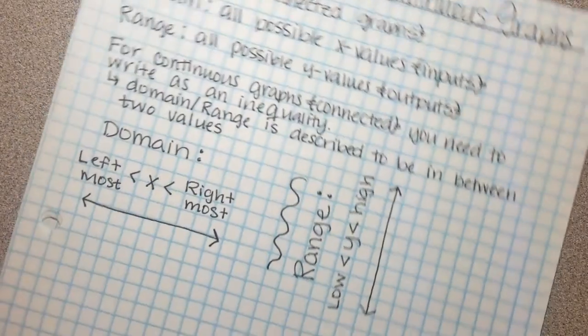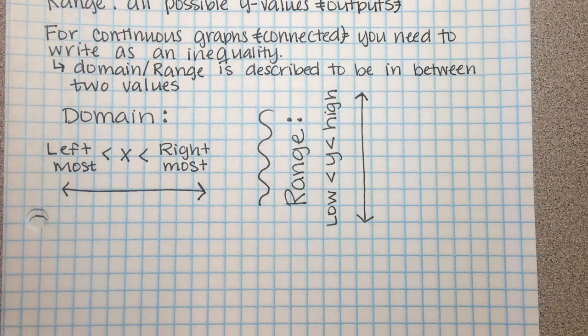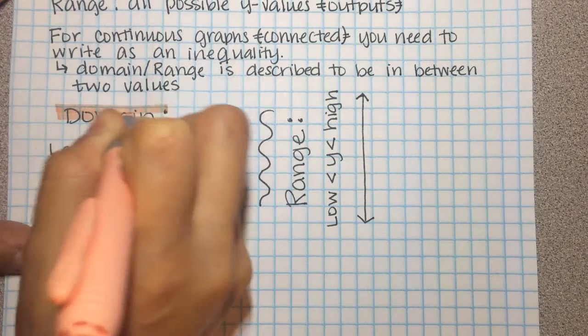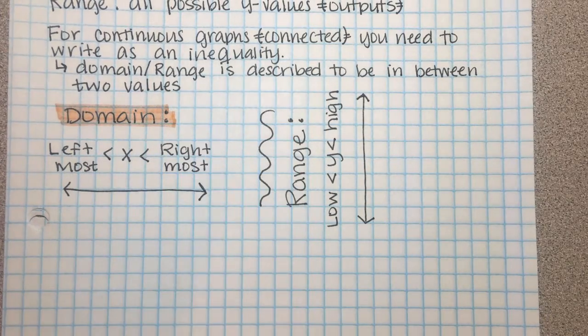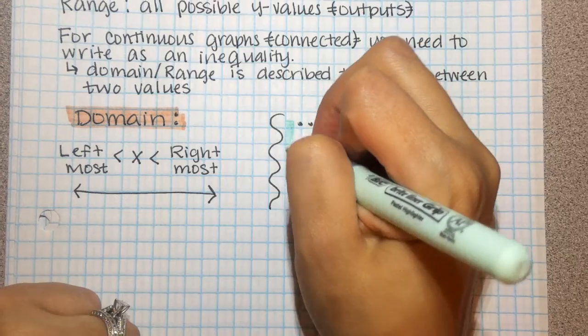Okay. So now those two colors that I asked you to pick, one to represent domain and one to represent range for the rest of these notes, and then highlight that word so you remember. So for me, this orangey color is going to be my domain. And this blue looking color is going to be my range.